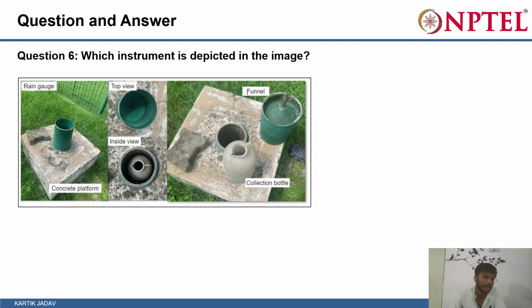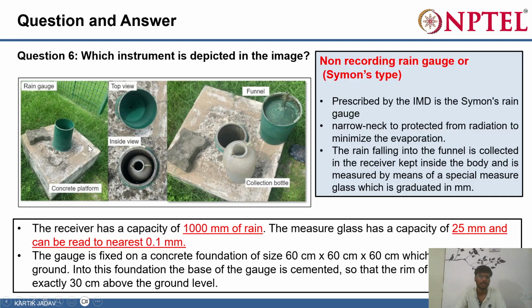Okay, a non-recording rain gauge, and a rain gauge is generally used to measure rainfall. These are the different components of the rain gauge: this platform, then the collecting bottle, then the funnel, and we generally collect the water and measure the depth of water.